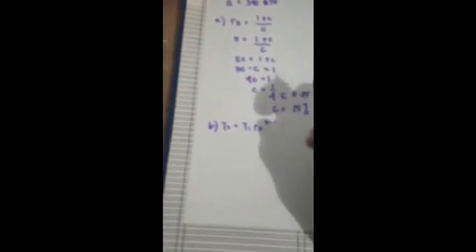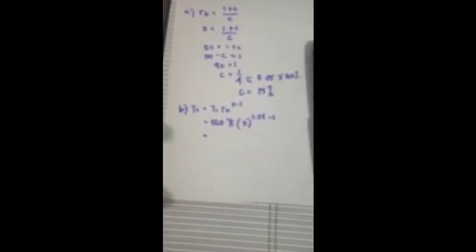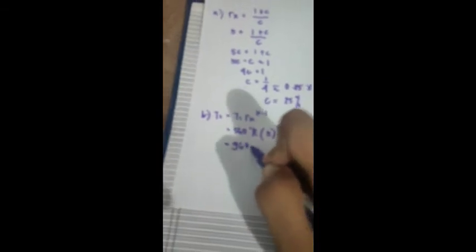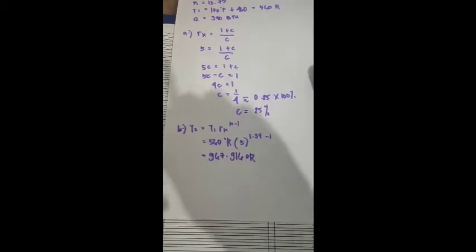From this you will get 560 degrees Rankine multiplied by 5 raised to 1.34 minus 1, so this is equal to 916 degrees Rankine.